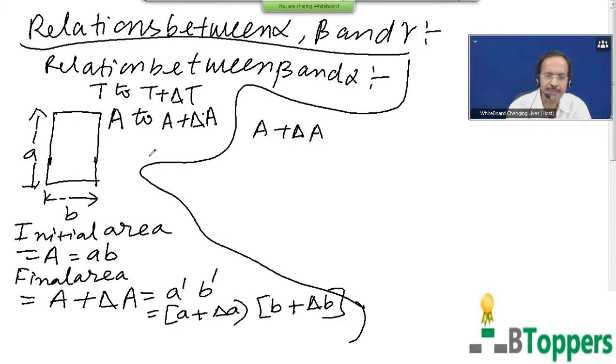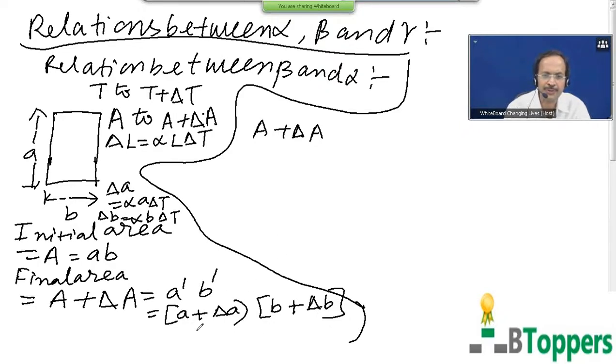Now, when a regular uniform solid is heated uniformly, the increase in the length delta a can be written as alpha into original length a into increase in the temperature. Increase in the breadth delta b can be written as alpha into original breadth b into increase in the temperature.